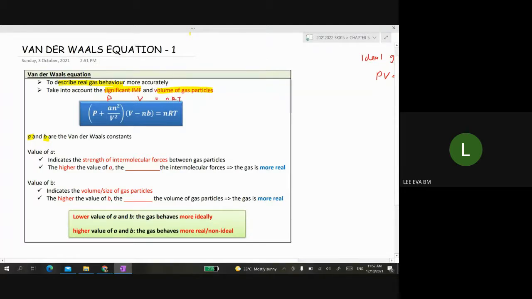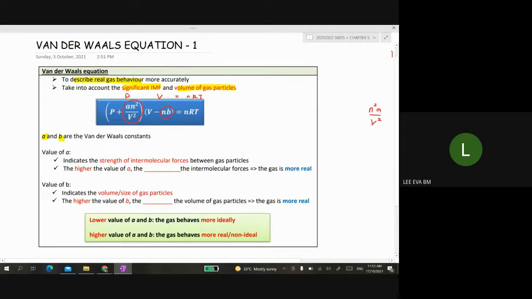But since for a real gas we have significant intermolecular forces, there is a new term here: a n squared over V squared. Some reference books or lecture notes may write it differently, but actually it is the same. Then we have another correcting factor for the V term, the volume: nb. But don't worry, a and b have their own meaning, so I have written them down here for you.